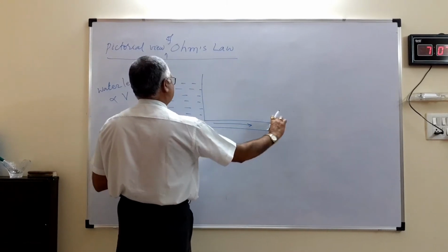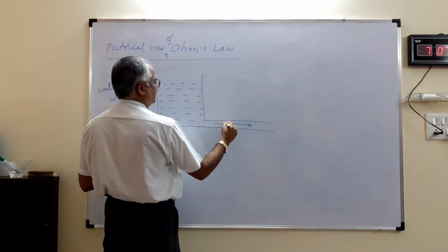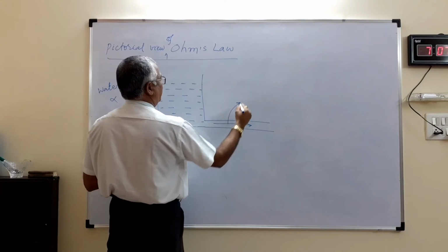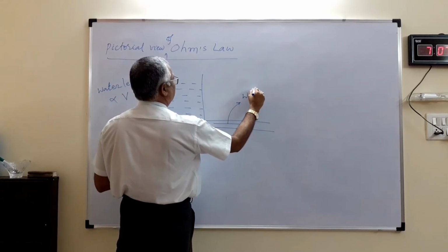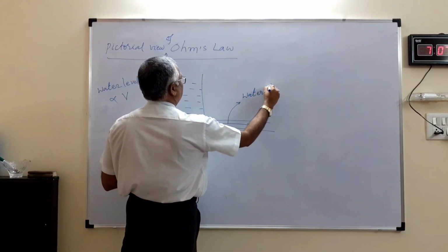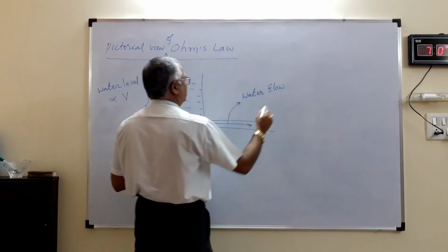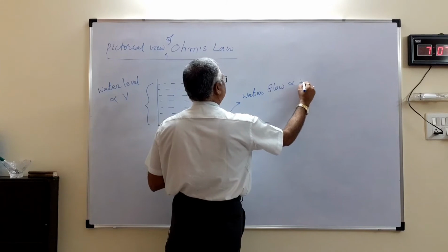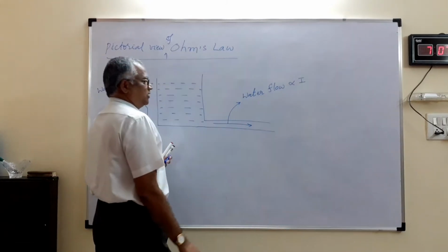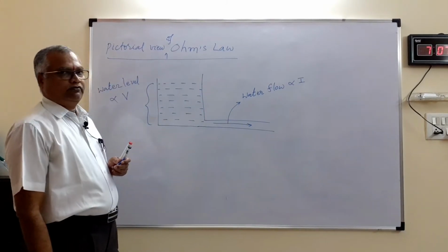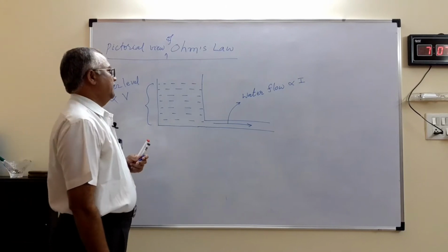So when the pipe is connected to this tank, what is flowing here? Water flow. This water flow is analogy with current. Current you can't see, but water flow you can see.